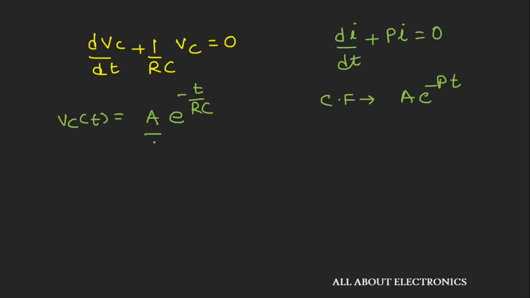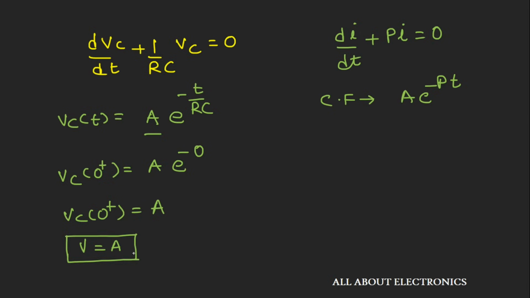At time t equal to 0 plus, we can write this equation as A e to the power minus 0, that means Vc equal to A. Now we know that at time t equal to 0 plus, the voltage across this capacitor will be V volt. So we can say that the value of A will be V volt.